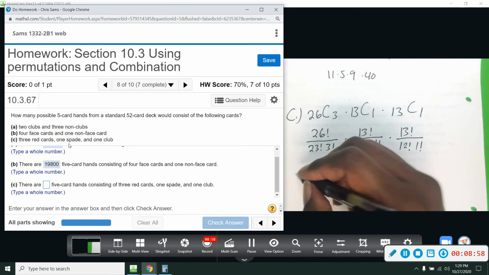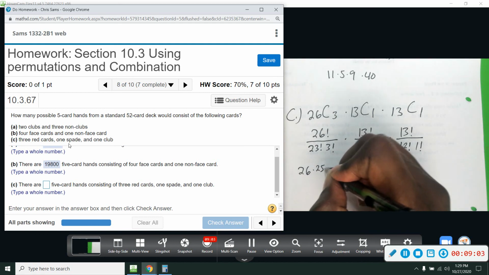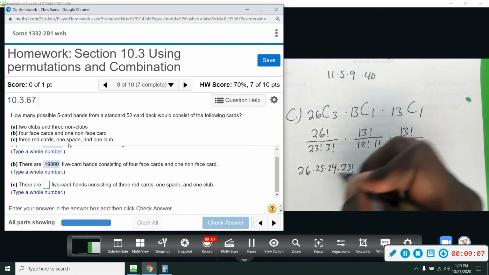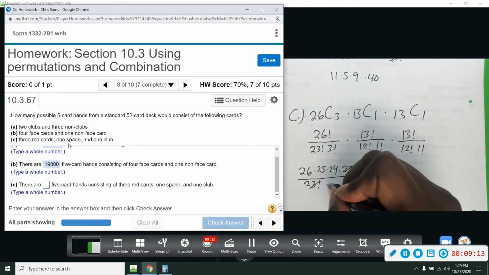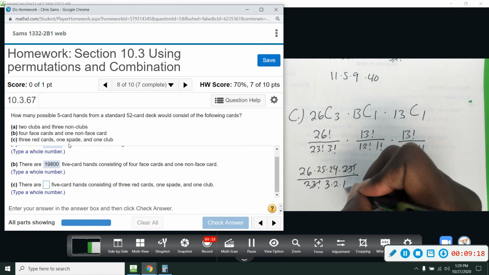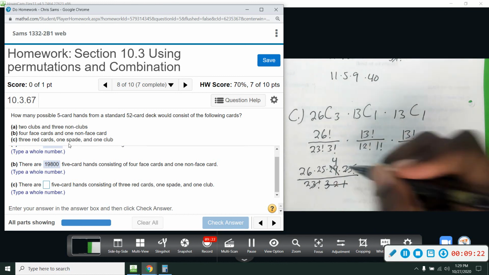All right, so I'm going to start reducing. 26, 25, 24, 23, and stop. 23 factorial, 23 factorial, those will divide out. And then 3 times 2 times 1, this is 6. 24 is divisible by 6, that will leave us with 4.